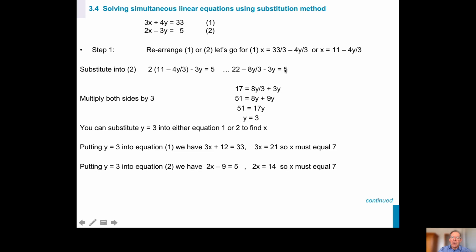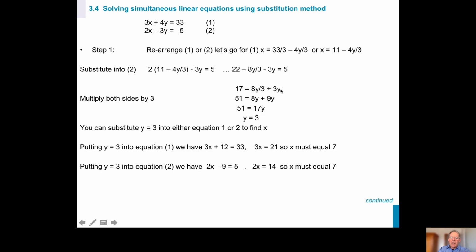So we take 5 away, that disappears, we're left with 0. And 5 from 22 equals 17. And 17 equals, let's add these to get them on the other side. So 8y over 3 is going to jump over here, and the minus 3y, we're going to add 3y to both sides. So we end up with 17 equals 8y over 3 plus 3y.